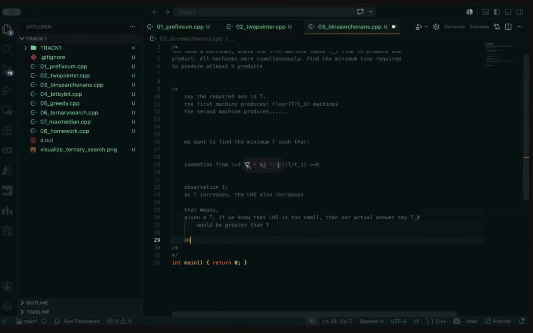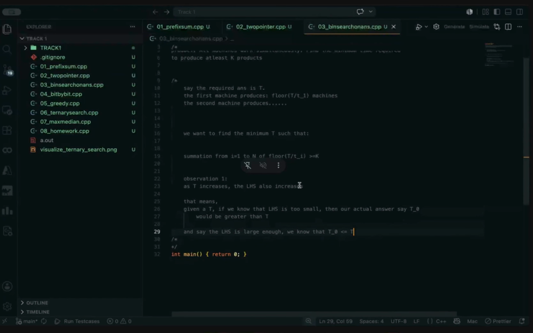And say the LHS is large enough, we know that T naught would be less than or equal to this T.